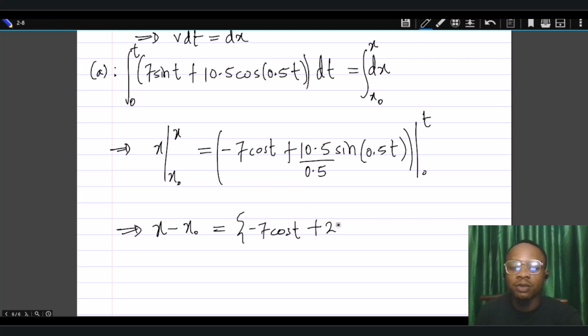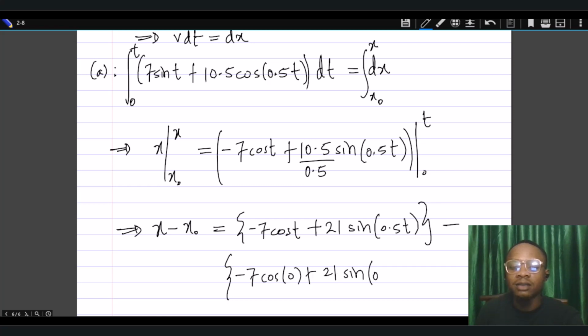So this is going to be plus 21 sine 0.5 t, and then we close up this bracket, then minus when t is 0, so this is going to give us minus 7 cos 0 plus 21 sine 0.5 times 0, and we'll close that there.